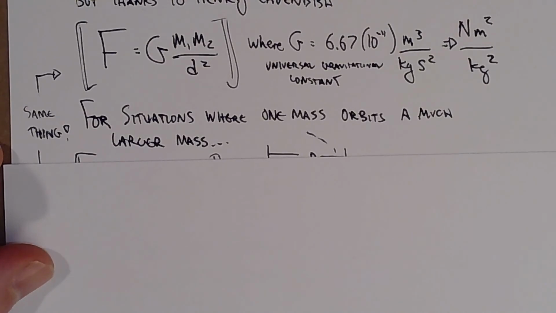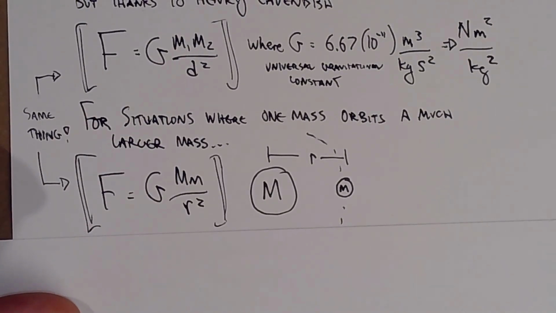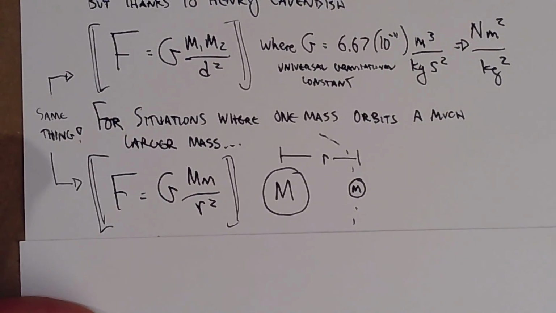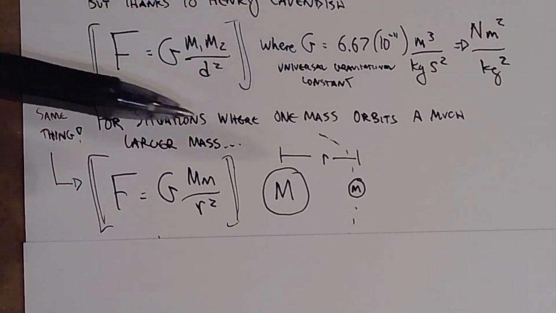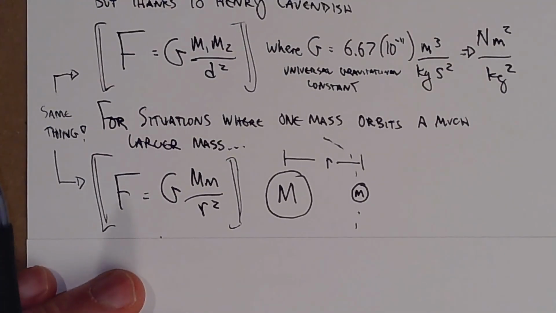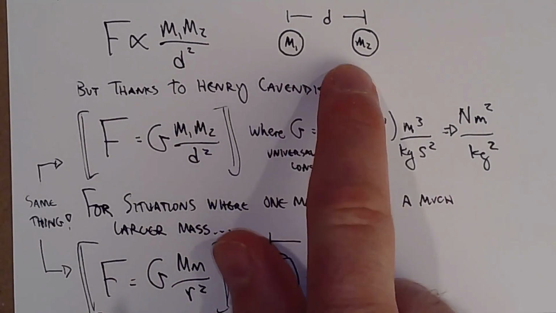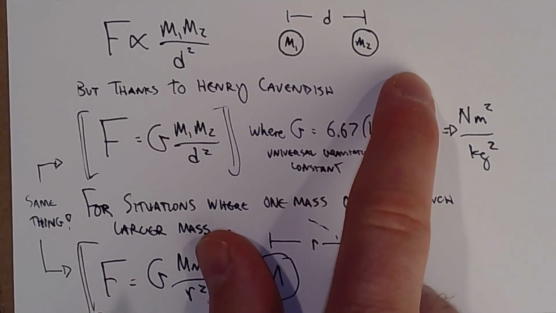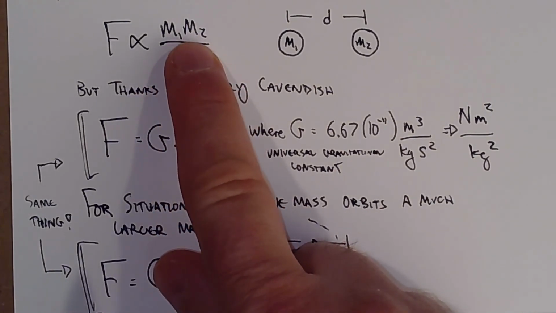Now, for most of the situations we're going to be dealing with, instead of just having two generic masses, as the top picture suggests, I have found when I teach this material that the fewer subscripts I find the better.